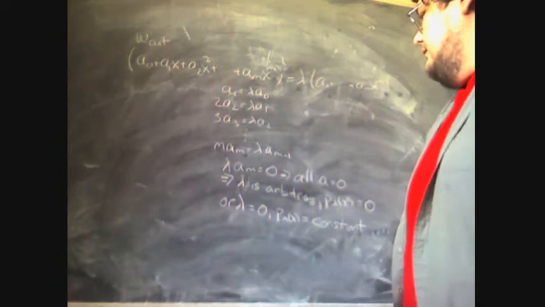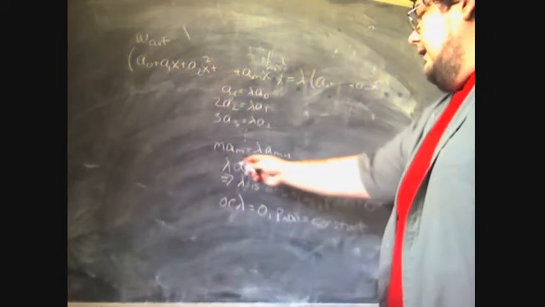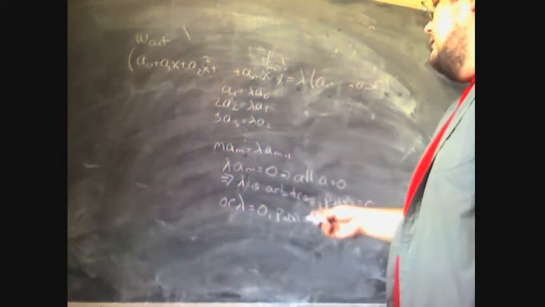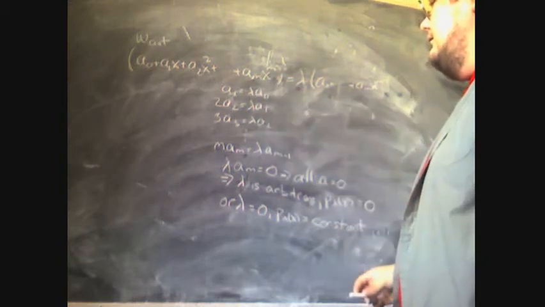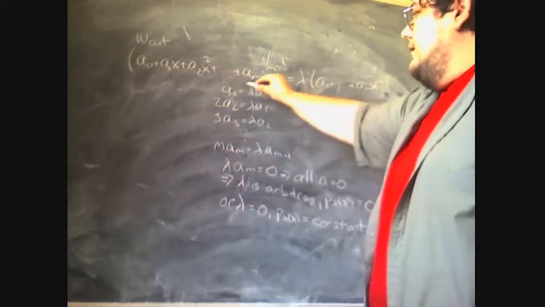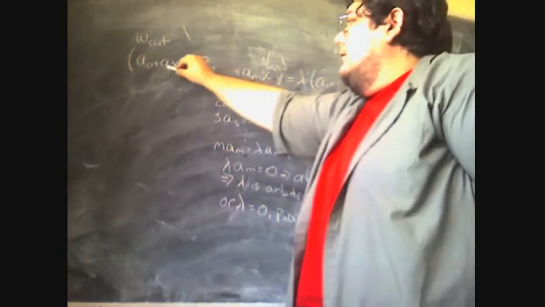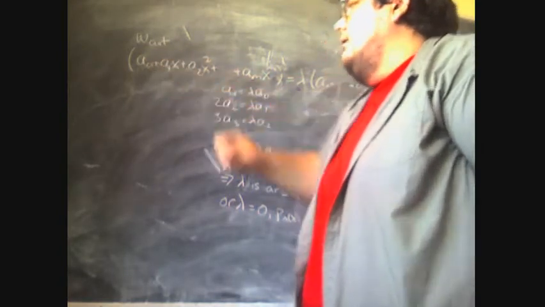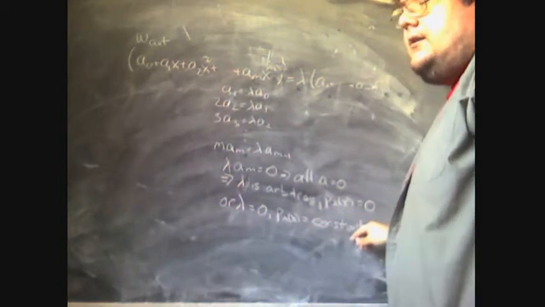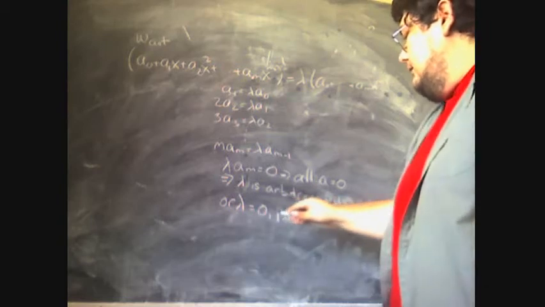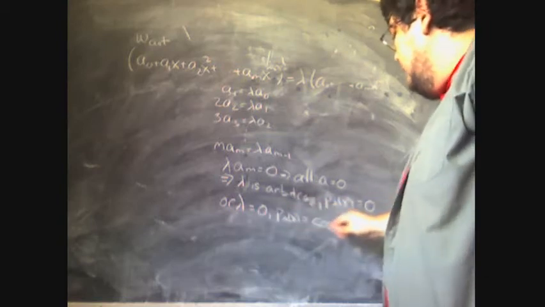So for here, there's two possibilities. Either lambda is 0, in which case all of these things go to 0. So a1 is 0 and everything else. So the only thing that we don't have a constraint on is a0, which is our constant function. So if our original function is a constant to begin with, 0 times that is 0, and its derivative is 0.